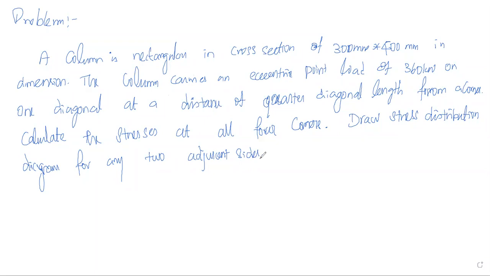So calculate the stresses at all four corners and draw the stress distribution diagram at any two sides. Okay, so now we are going to do the solution. Given data: breadth and depth are 300 mm by 400 mm.